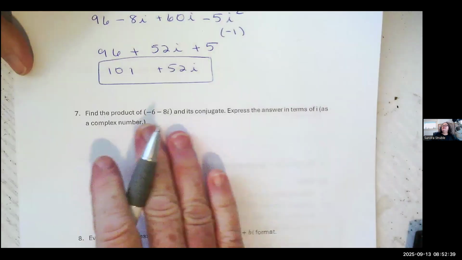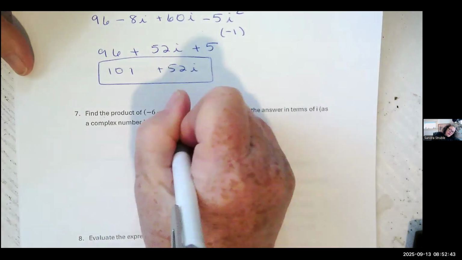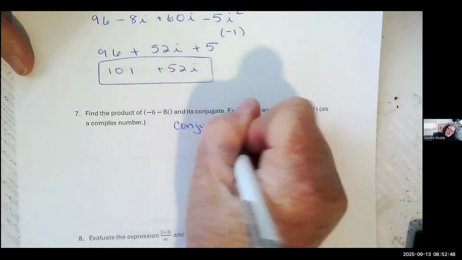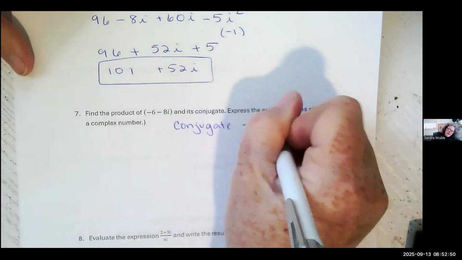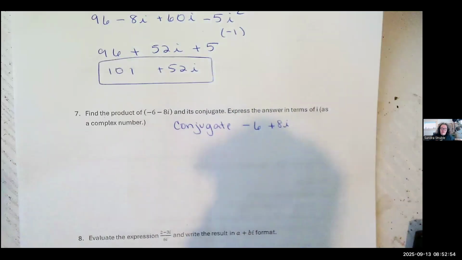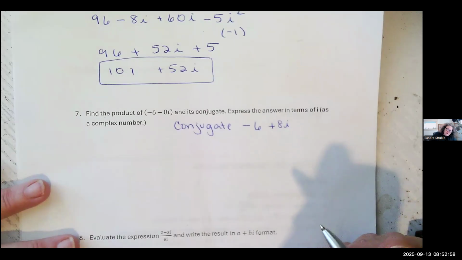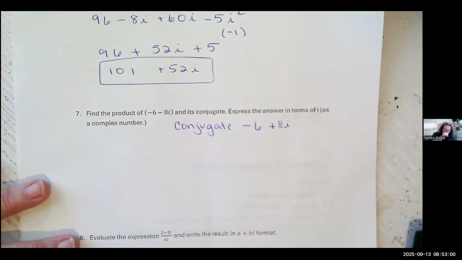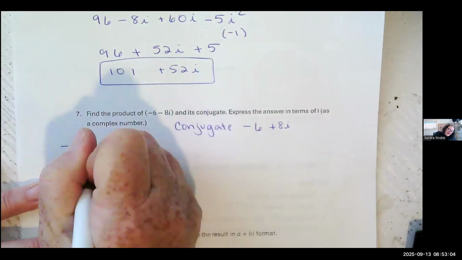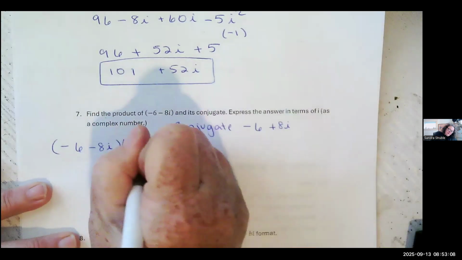Find the product of -6 minus 8i and its conjugate. The complex conjugate is -6 plus 8i. The only thing that changes is the sign in front of the imaginary number. Express the answer in terms of i. All right. So -6 minus 8i. Product means multiply. So times -6 plus 8i.